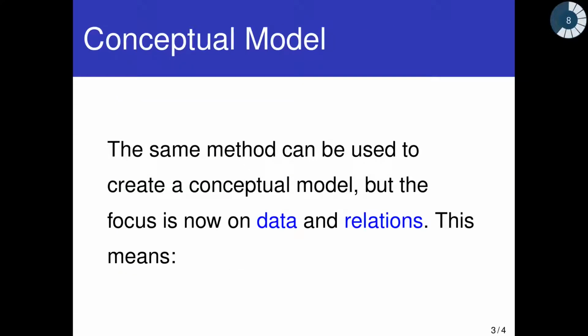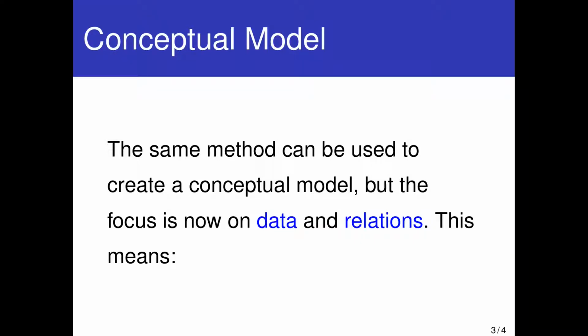Right, so we are going to use basically the same method now that we are about to create a conceptual model. But the difference is that in the domain model, the focus was mainly on classes or entities, if you wish. But now the focus is instead on data and relations.